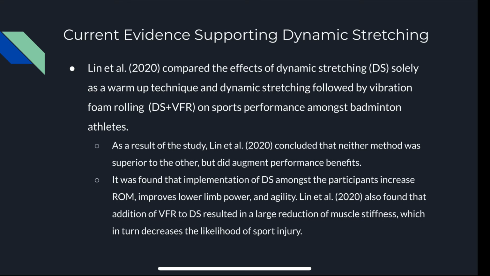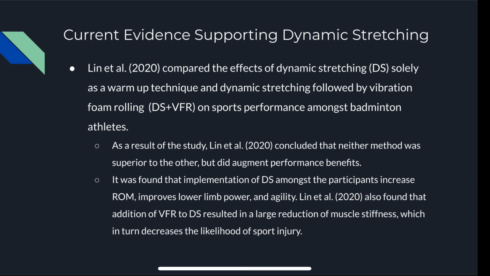Current evidence supports the use of dynamic stretching as a warm-up technique to sports that involve short-term, high-intensity, and dynamic movements. Lin et al. 2020 compared the effects of dynamic stretching as a warm-up technique and dynamic stretching followed by vibration foam rolling on sports performance amongst badminton athletes. As a result of the study, Lin et al. 2020 concluded that neither method was superior to the other, but did augment performance benefits.